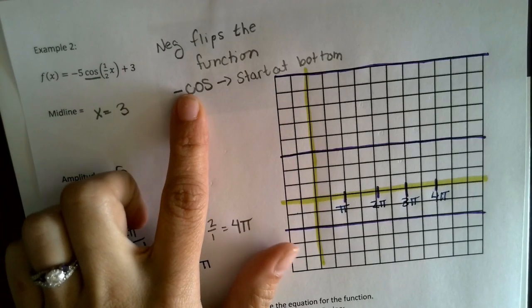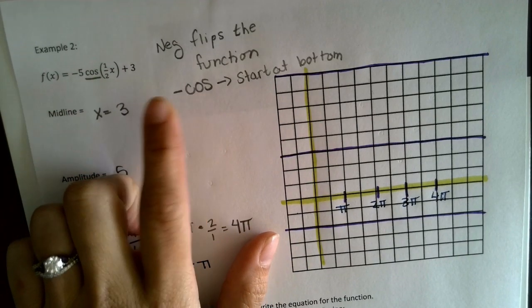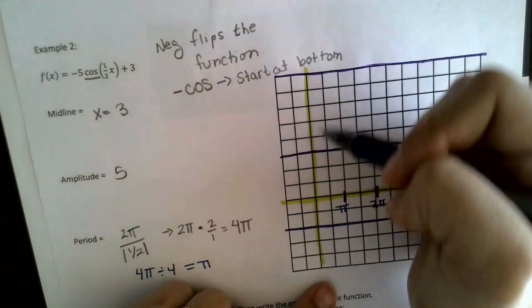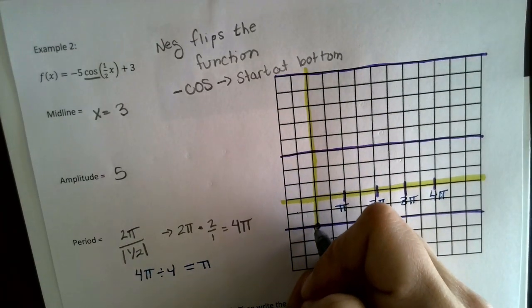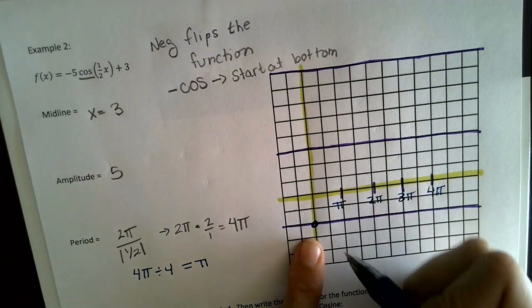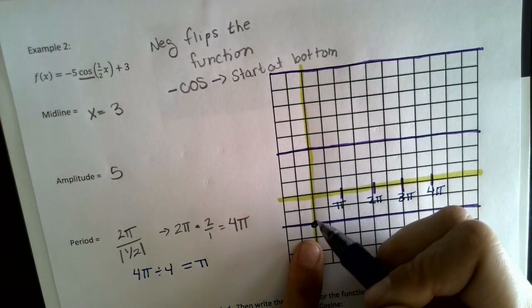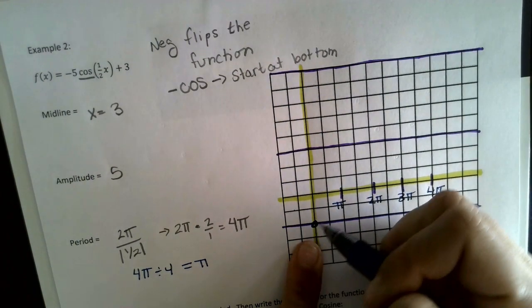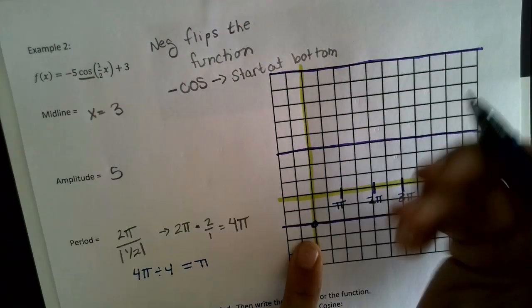Alright, let's go back here. Cosine, we would start at the top, but since it's negative cosine, we're starting at the bottom. So our y-axis, we start at the bottom. We can't go below the lower line, so we have to continue going up. And remember, each point is on my purple marks. So the midline upper, midline lower.